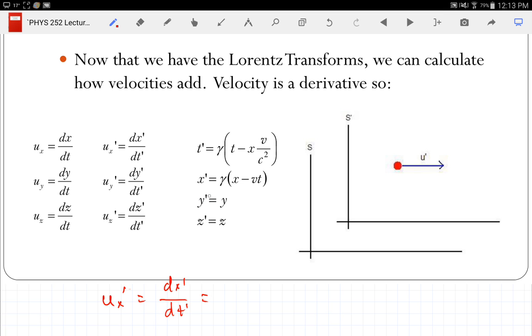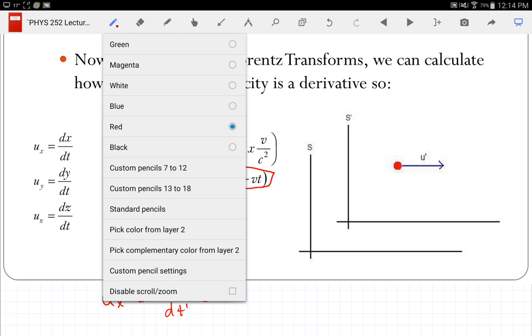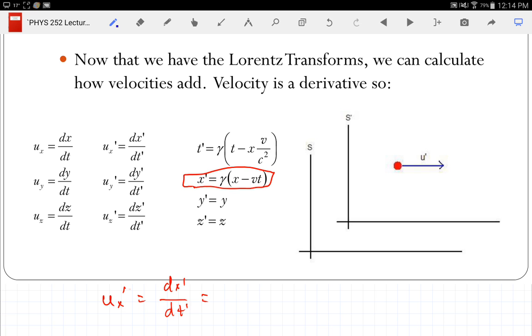Well, x prime is this equation. So what is dx prime if that's x prime? Not dx/dt, not dx/dy, but just plain old dx. By the way, keep in mind v is constant for these transformations, so you don't have to worry about gamma or v changing.